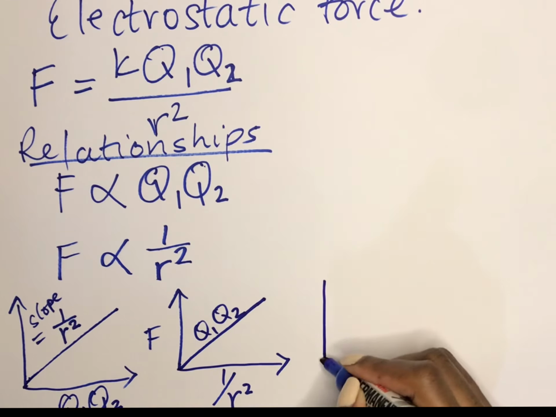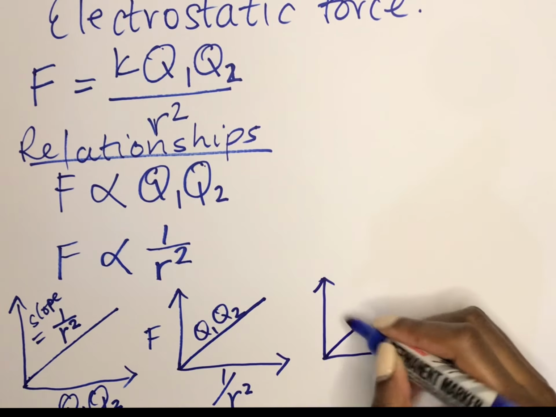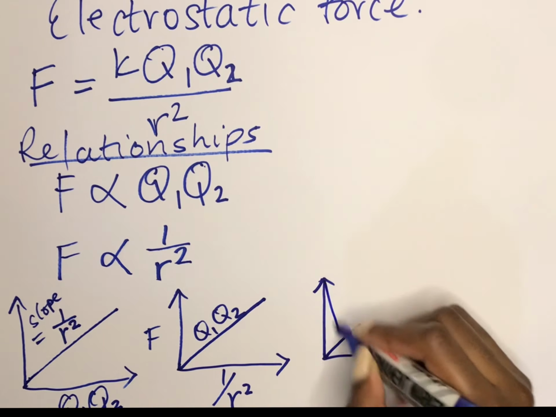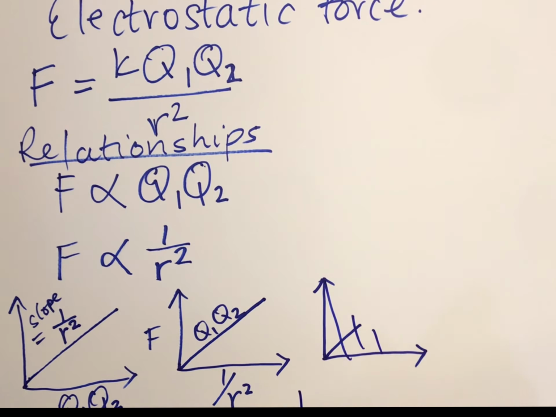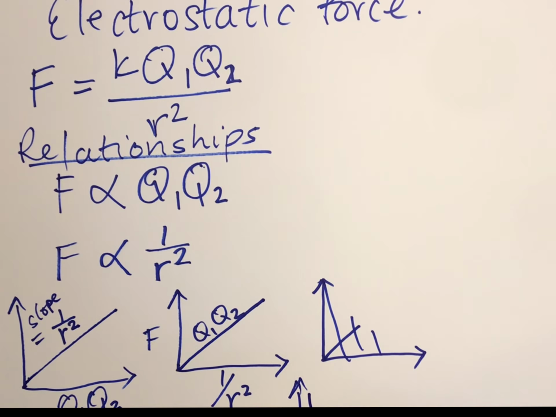And then you can have another graph, sorry, let's redraw this one here, of F versus r squared. This graph is not going to be a straight line since they're inversely proportional.